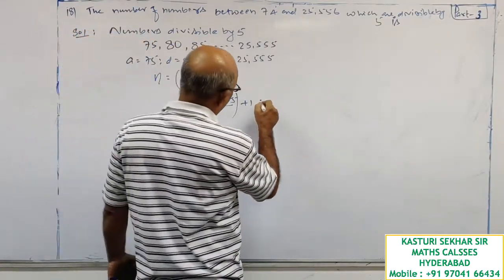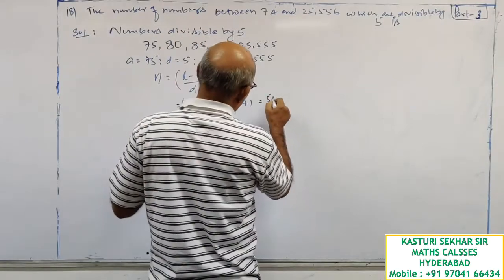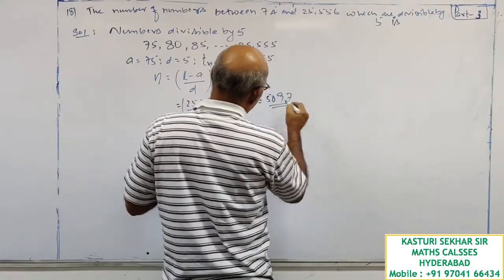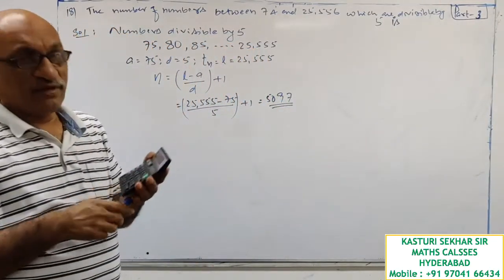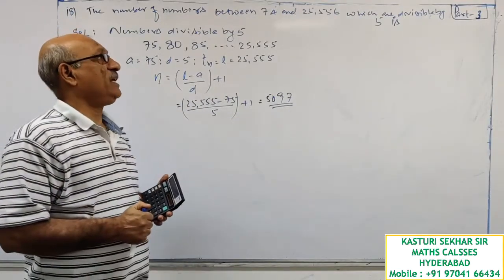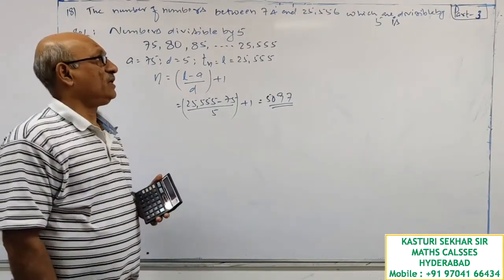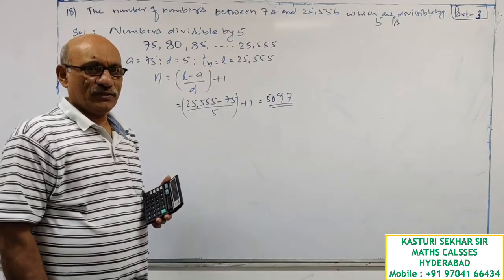How many numbers are there? 5,097 numbers are there between 74 and 25,556.